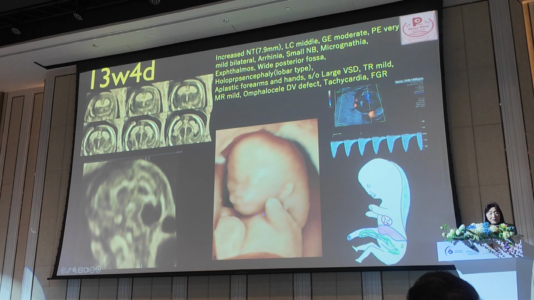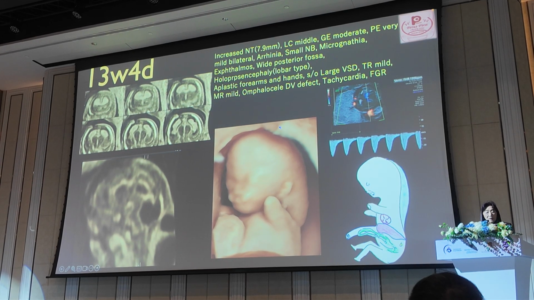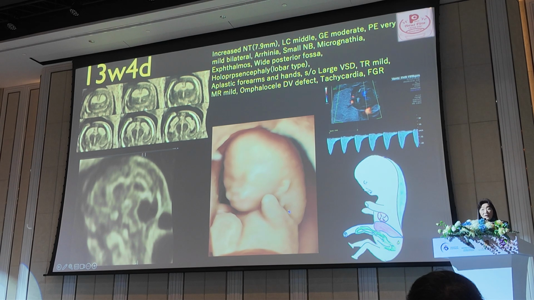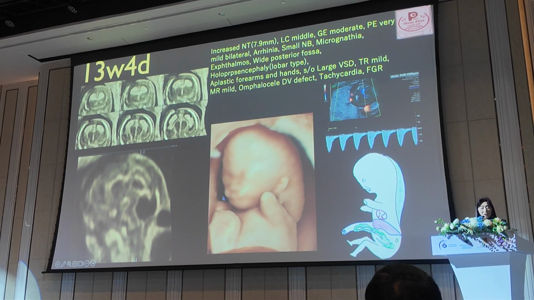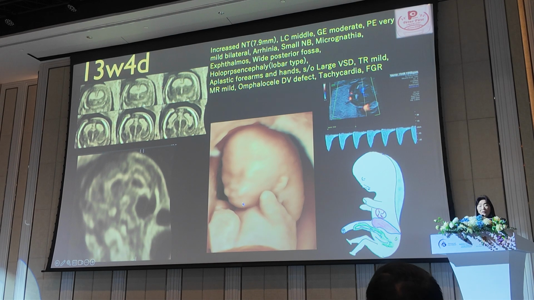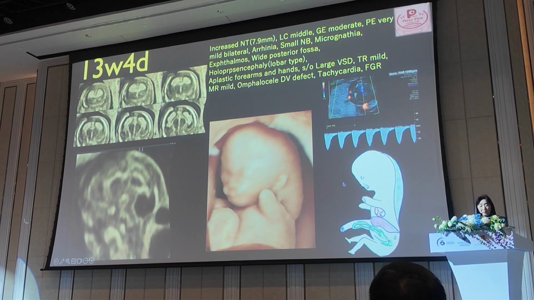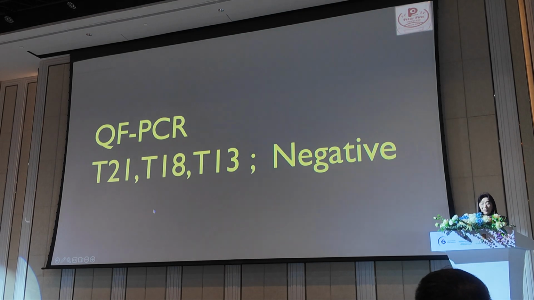So now the other case, 13 weeks and 4 days, and most probably you can notice that this is a very abnormal upper limb, right? And also you can see the cleft lip, the bilateral cleft lip, and then this might be something.